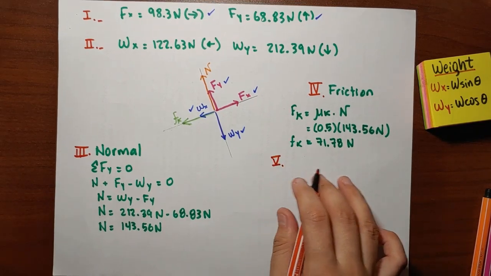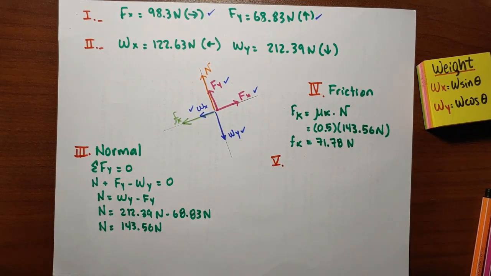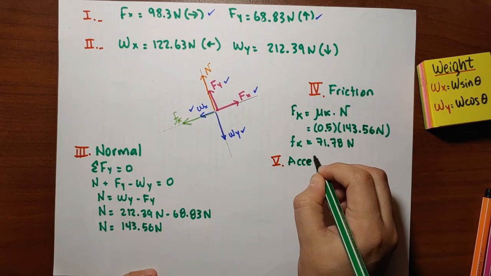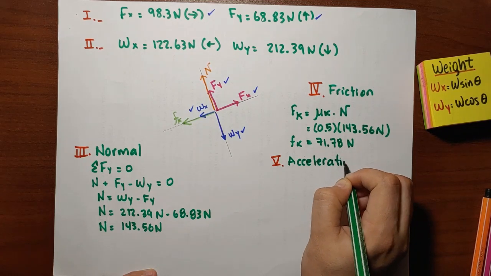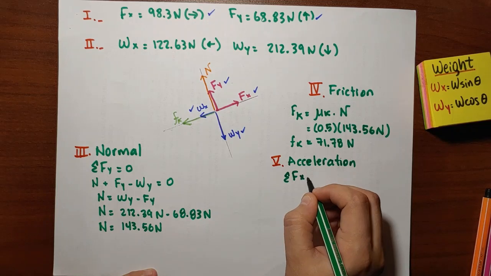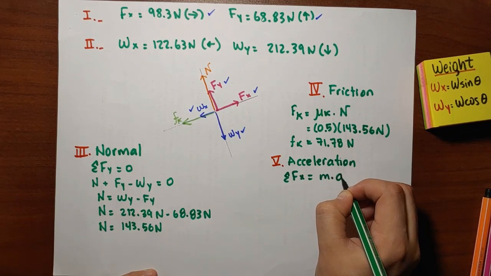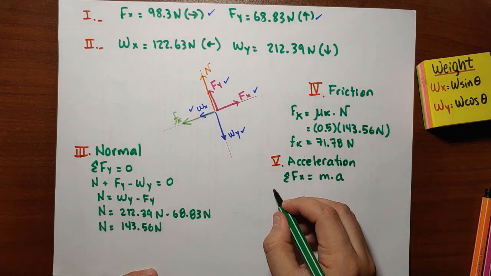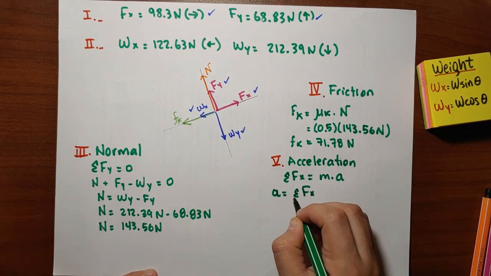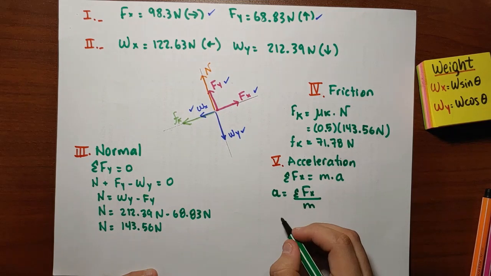And in my last step, take a look, it's the same amount of steps as the exercise in the topic before, but we have been doing a few changes each time. So right now, we're going to look for acceleration. We say the sum of the forces in x equals mass times acceleration. Acceleration equals the sum of the forces in x divided by the mass.